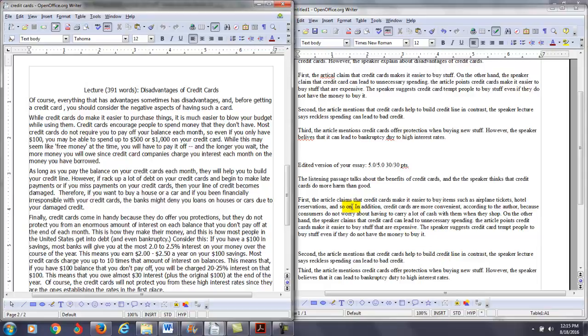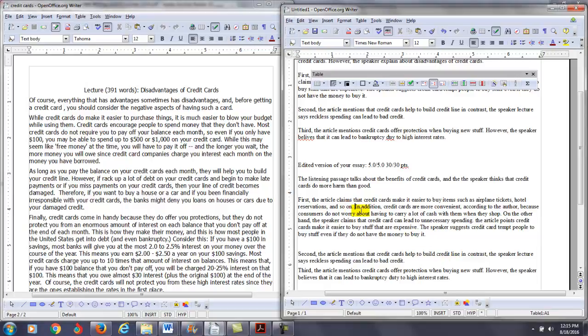Okay, so I think you're in pretty good shape here. So you have the speaker claims that credit cards can lead to unnecessary spending. You might say here, for example, the article points out that credit cards make it easier to buy stuff that are expensive.